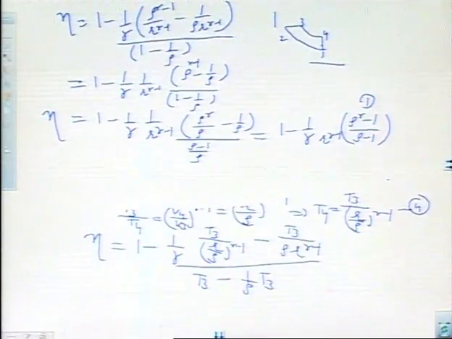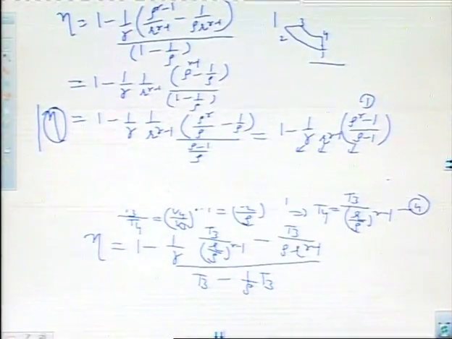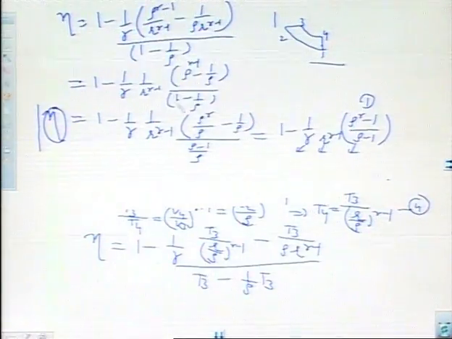Now, if the value, that is cutoff ratio, compression ratio, index of expansion is given, you can find out what should be the efficiency of the engine, that is diesel engine. You can also compare the efficiency with the petrol cycle by taking these terms and comparing with what is given in the Otto cycle.